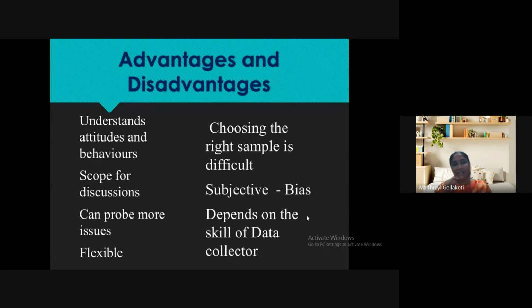Okay. So all these things are possible with qualitative tools. That is why we say it is very flexible, because we can do so many things with qualitative data. Okay. But unfortunately, there are some disadvantages also for this method.